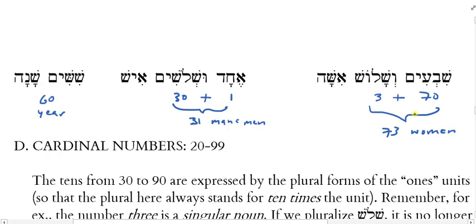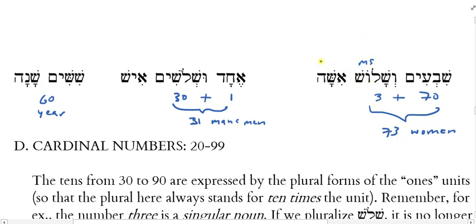Now, just to remind ourselves, in the number 73, is the 3, the units place, between 3 and 10? Yes. Does that agree or disagree with the gender of the noun? 3 is a disagreement number. So notice shalosh is the masculine singular form, isn't it?